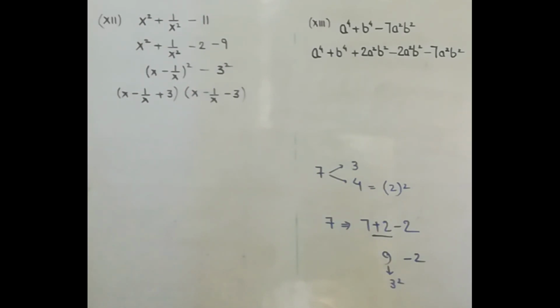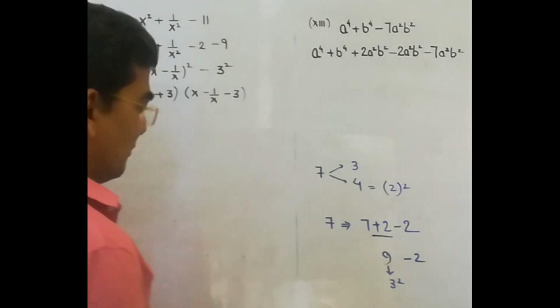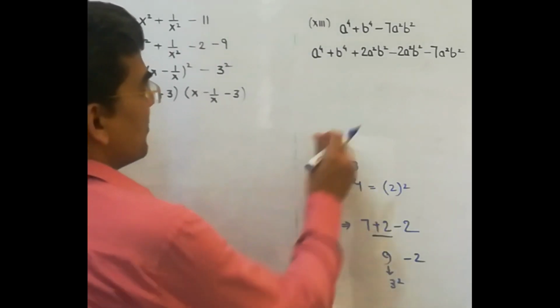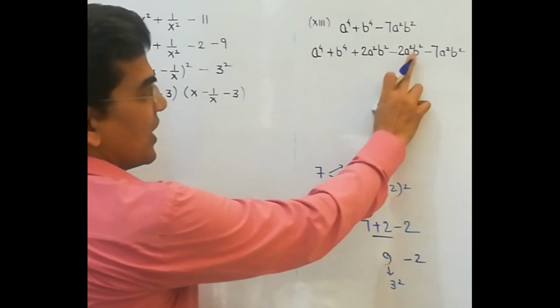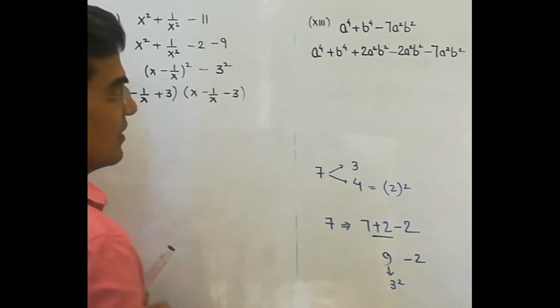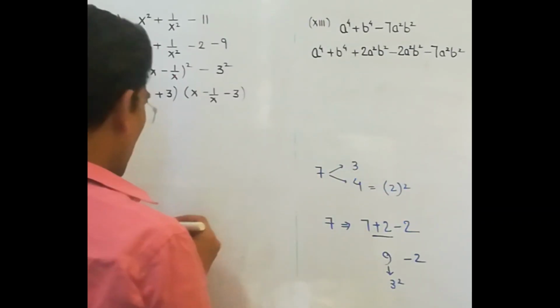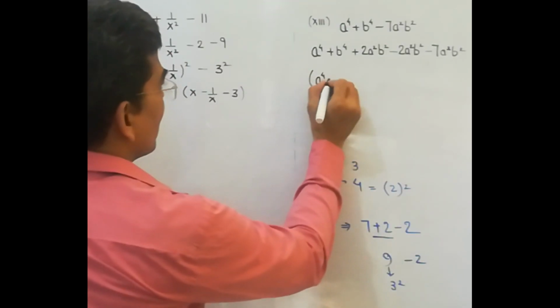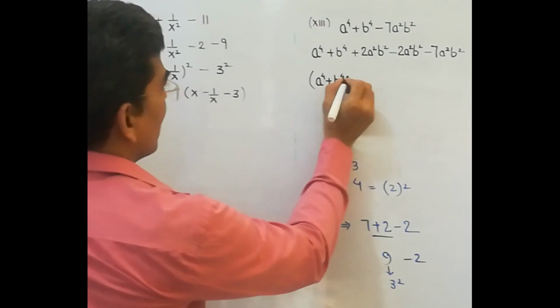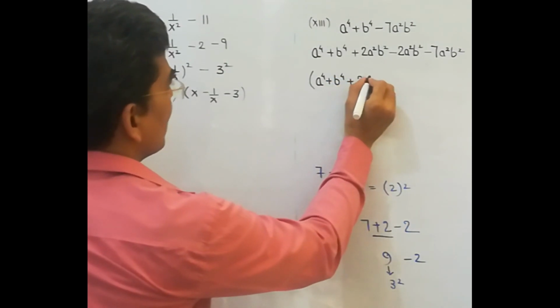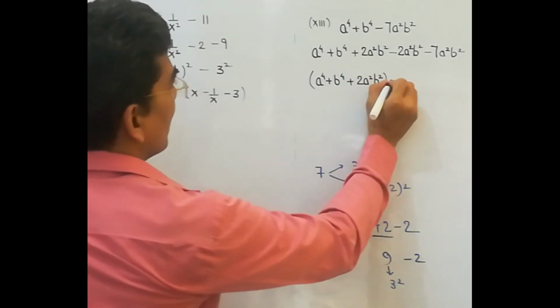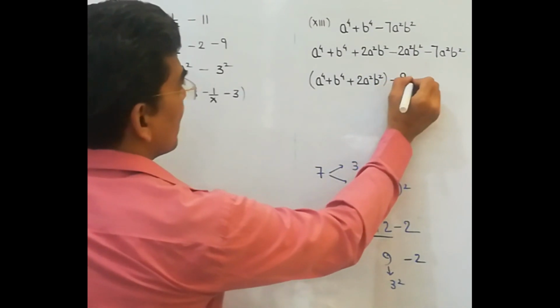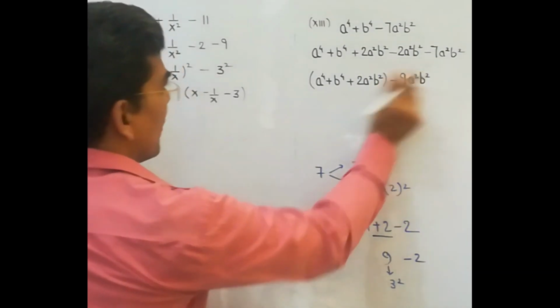Plus 2 and minus 2 will cancel out, again it will remain 7. So what we have done, we have plus 2 and we have minus 2 here. Now this minus 2 is given to minus 7, so that it becomes minus 9, and this 2 is given to this. Now consider this in one group and this in the other group. Hope this is clear to you.